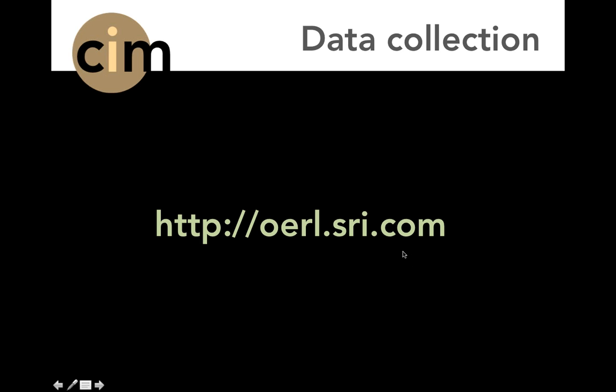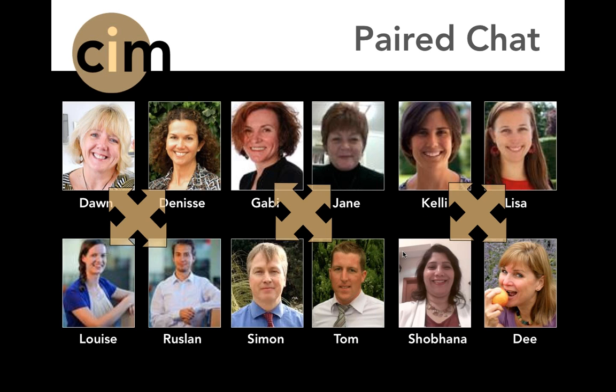All right, I'm going to show you now the paired chat matrix, and I want you to try to remember who the person is who we have paired you with for today. So today we're going to have Dawn working with Louise, Denise with Jane, Gabby with Tom, Kelly with Dee, and Lisa with Shobana. I'm making some small changes here just because we have a couple folks who aren't with us.